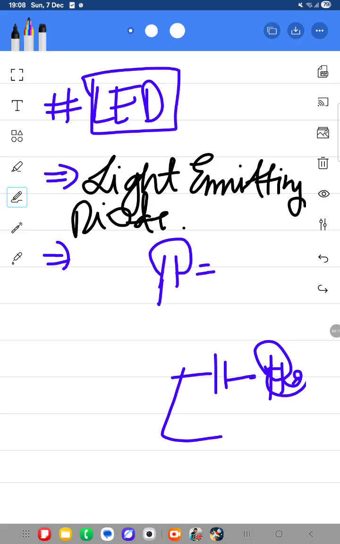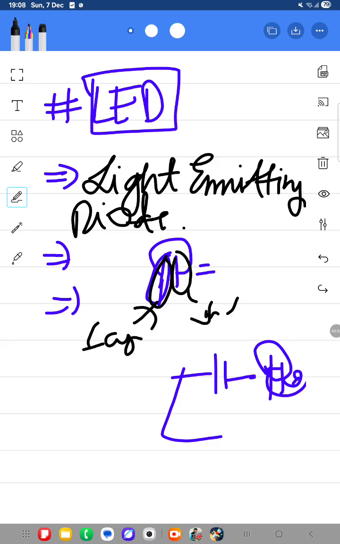So now LED bulb consists of two wires within it. One is larger and another one is smaller, and the length is not same. The larger one consists of positive charge and the smaller one consists of negative charge.